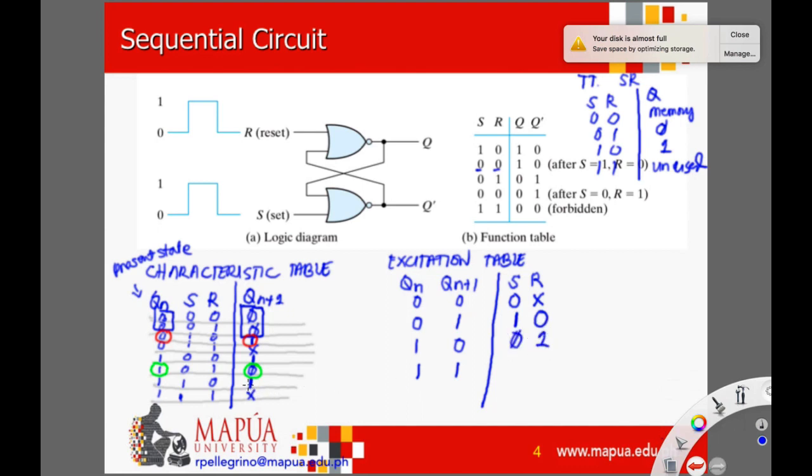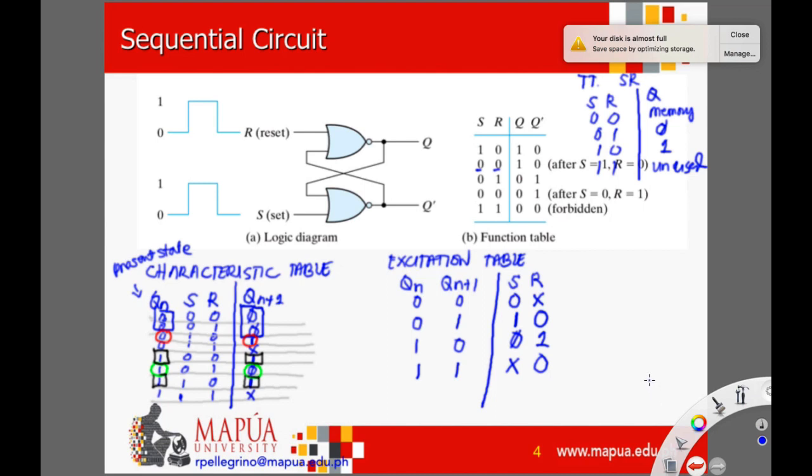And then for 1, 1, how many do we have for 1, 1? We have a consistent R, and the S is don't care. In that case, we have S equal to x, and R is 0.